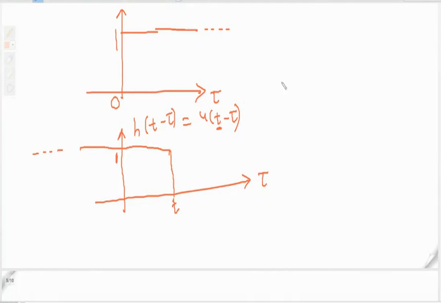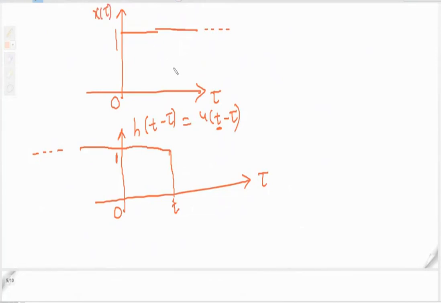As t is greater than 0, it will start from some positive t. And why is it going to the left-hand side? Because of folding, minus tau. We are sketching the signal with respect to tau, right? So because of folding, it is going towards the left-hand side. This is x of tau. This is h of t minus tau. So now can you see any overlap?